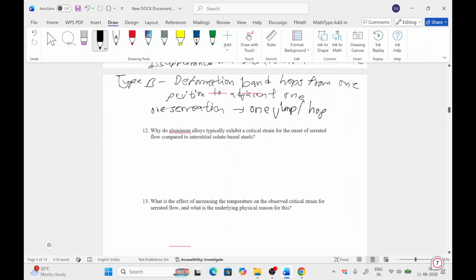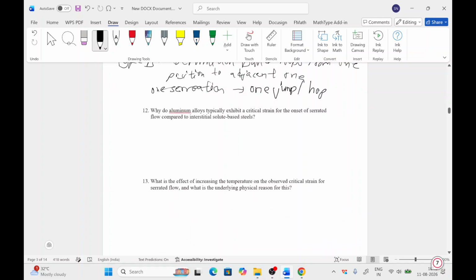Next question is, why do aluminum alloys typically exhibit a critical strain for the onset of serrated flow compared to the interstitial solute-based steels? So, in interstitial solute-based steel, the interstitial atoms are very small in size as compared to the iron atoms.